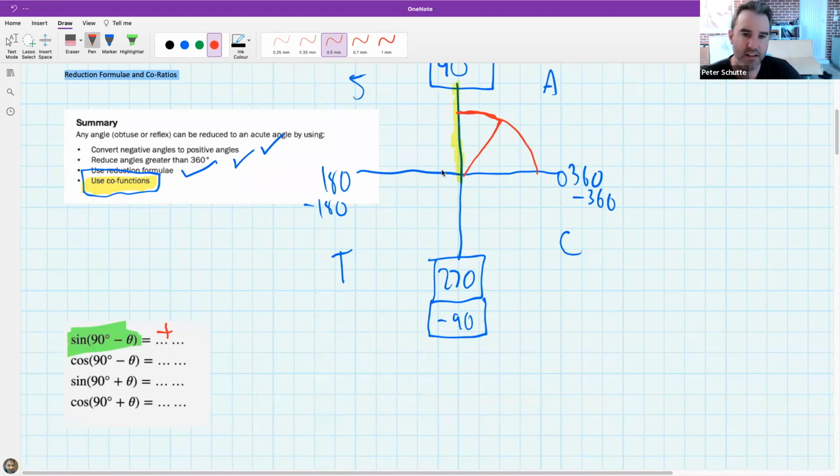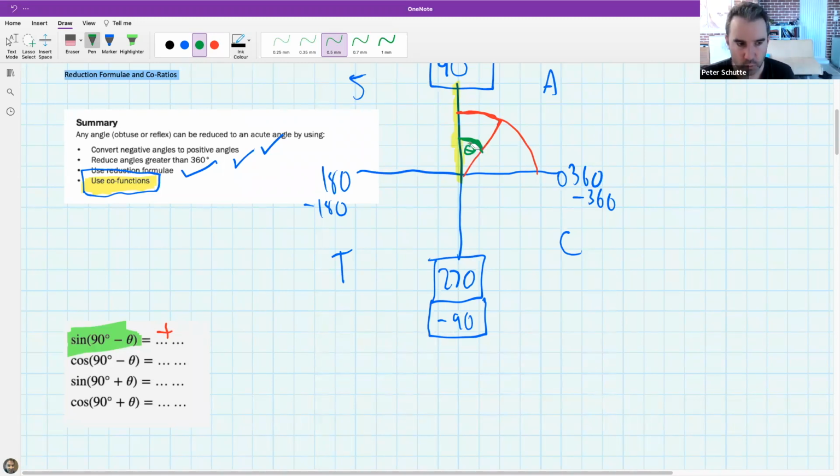So if I say to you, here's the angle 90 minus theta, it's over here. How far away is it from the nearest vertical axis? I think it's just going to be theta away from the nearest vertical axis.